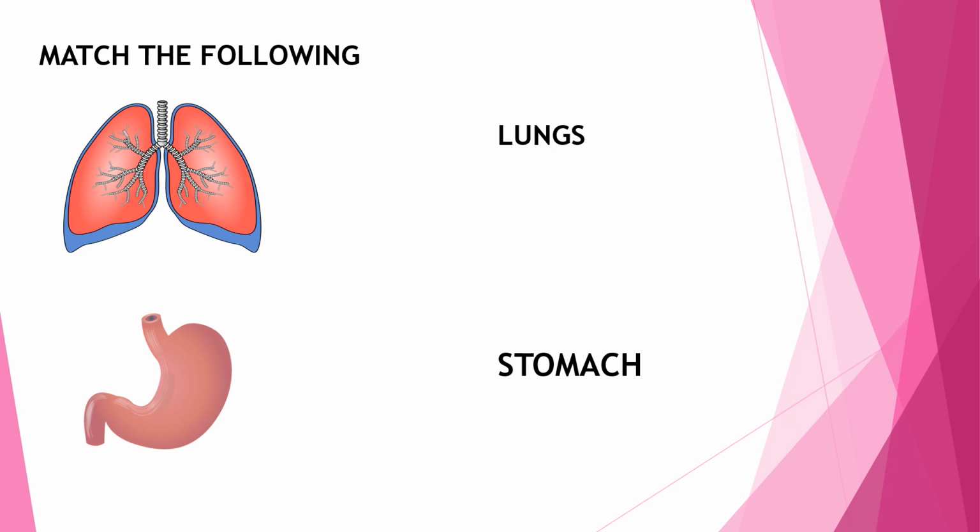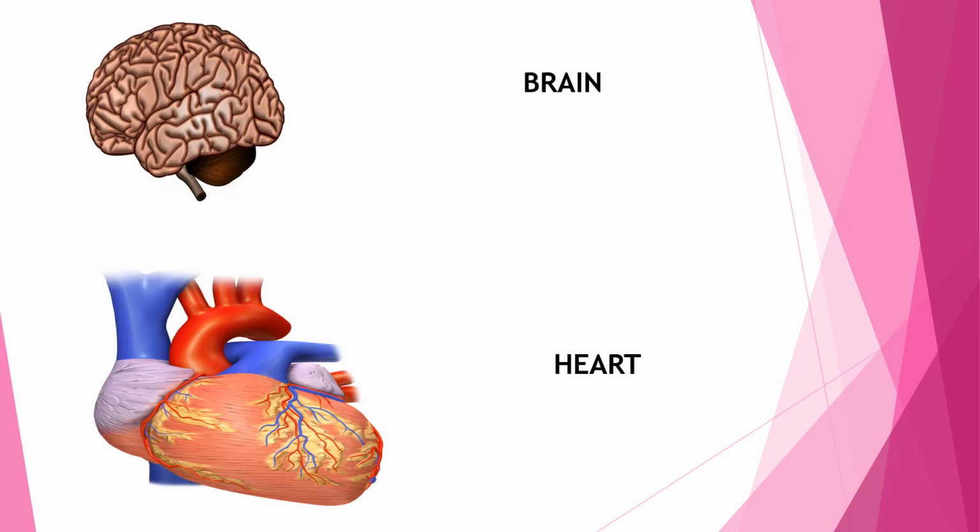Then the second picture given to you is the picture of the organ which digests the food which we eat. Yes, children, this is the picture of stomach. The third picture given to you is the picture of an organ which acts as the control center of our body. It thinks, learns and remembers.